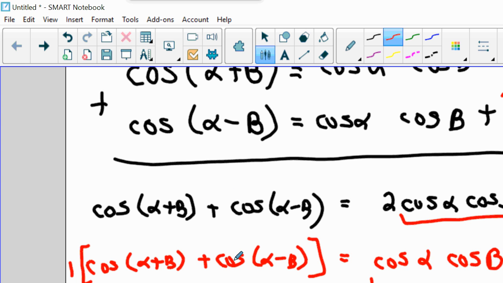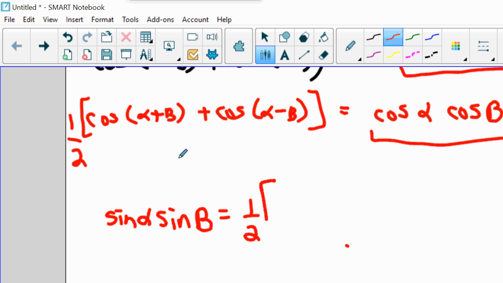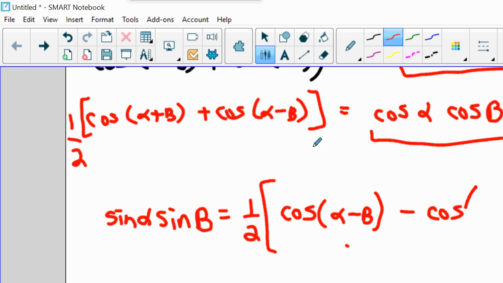Anyway, moving on. We get sine alpha sine beta to be 1/2 cosine alpha minus beta minus cosine alpha plus beta.